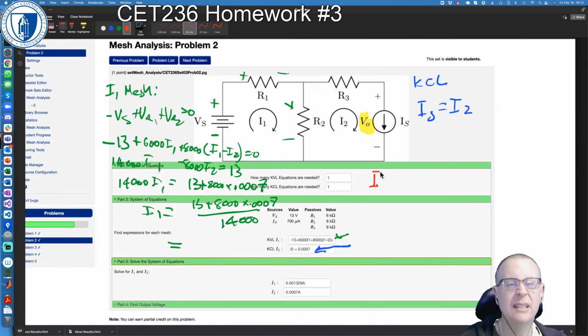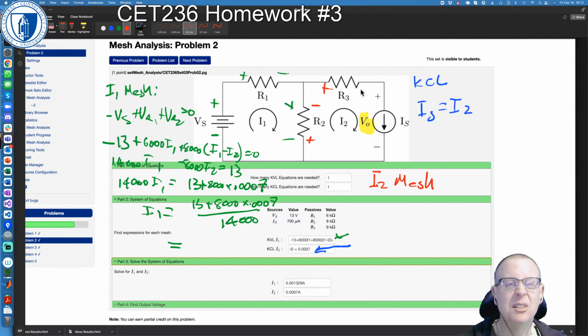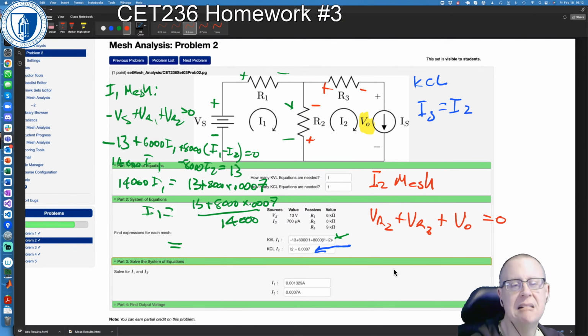So the I2 mesh, we're going around here, so that's plus, that's minus, that's plus, that's minus, and we have VR2 plus VR3 plus Vout equals 0. Right? VR2 is nothing more than R2, which is 8,000, times I2 minus I1.